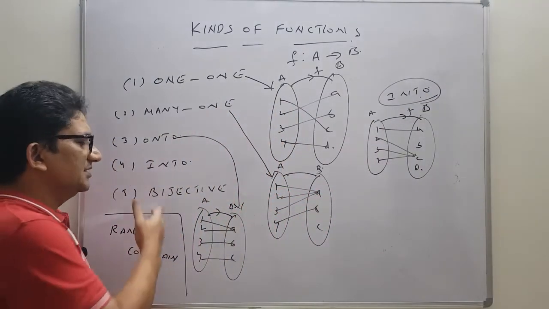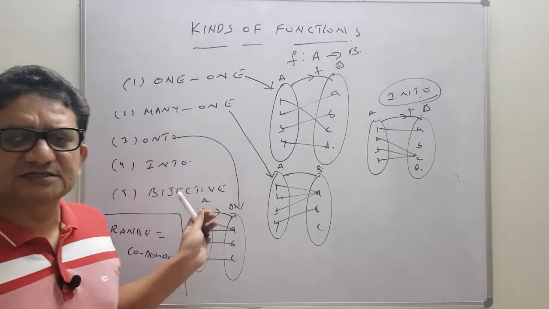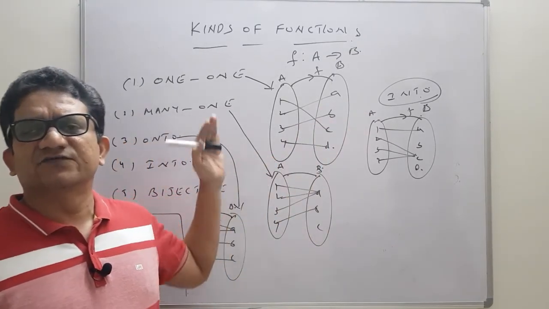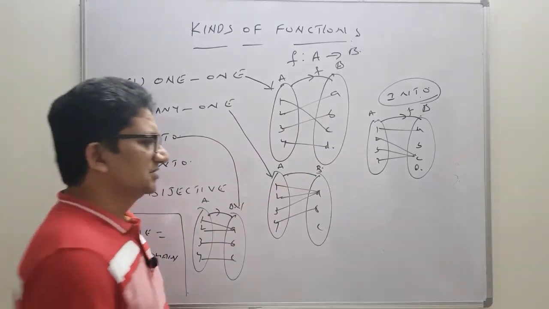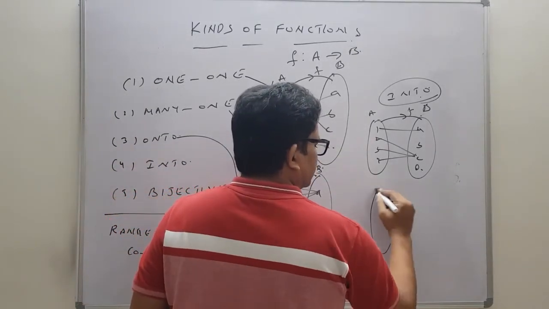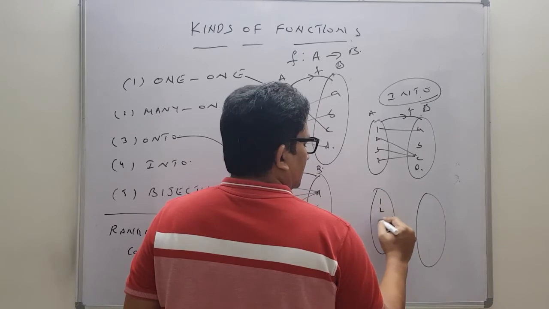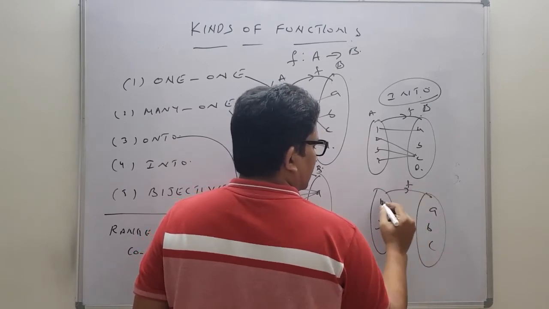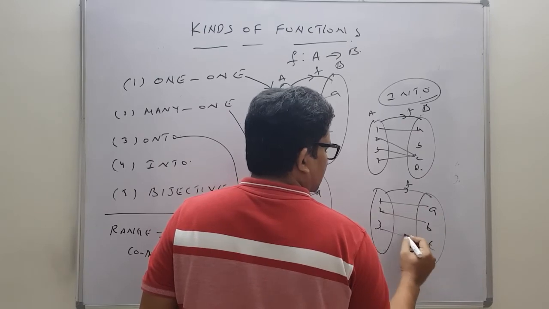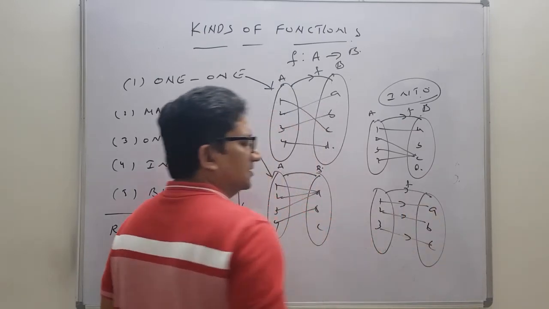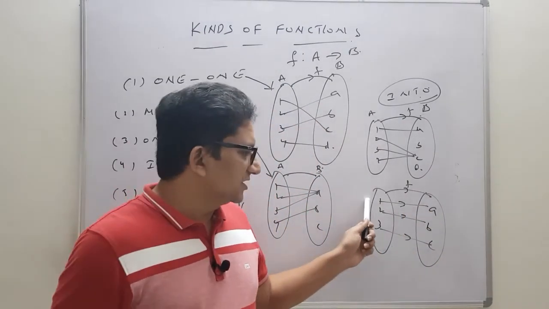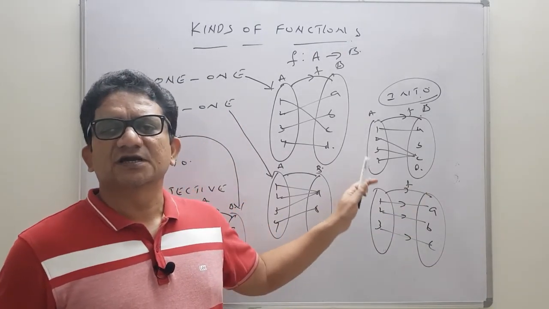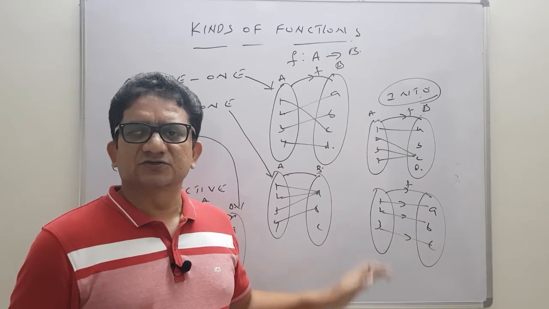And next type is bijective. Bijective means if a function is both one-one and onto, then the function is said to be bijective. So here if we define a function f and we have the relation like this type, this one, the function is both one-one as well as onto, that's why we can call it bijective.